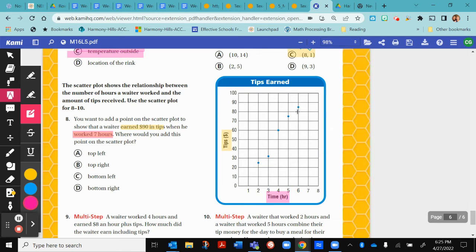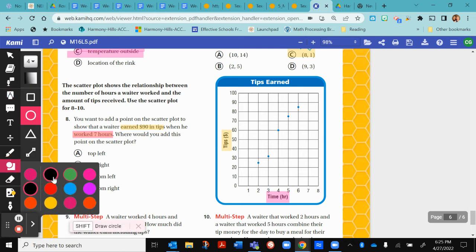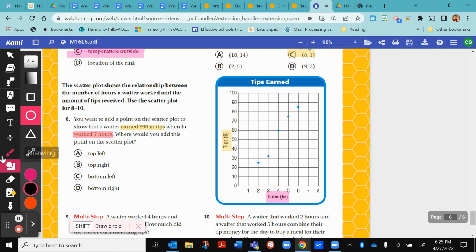Where are you going to plot that? Okay. So I'm going to start at the point of origin, move over to the 7, and go up. So where is that located? Absolutely. I'm going to place that right here. Is it the top left? That's going to be right here. So that doesn't work.